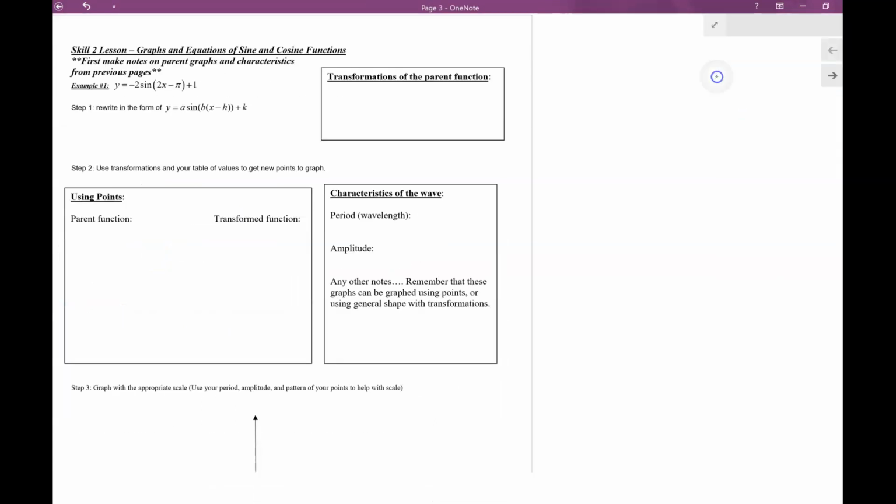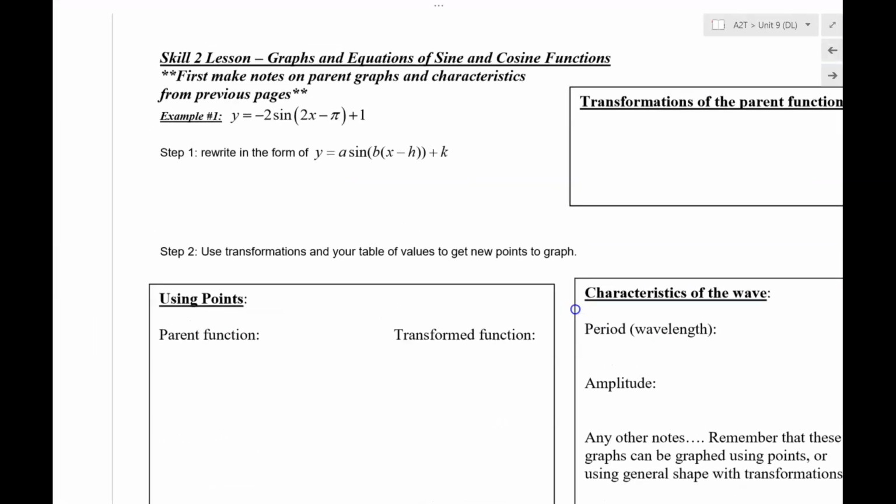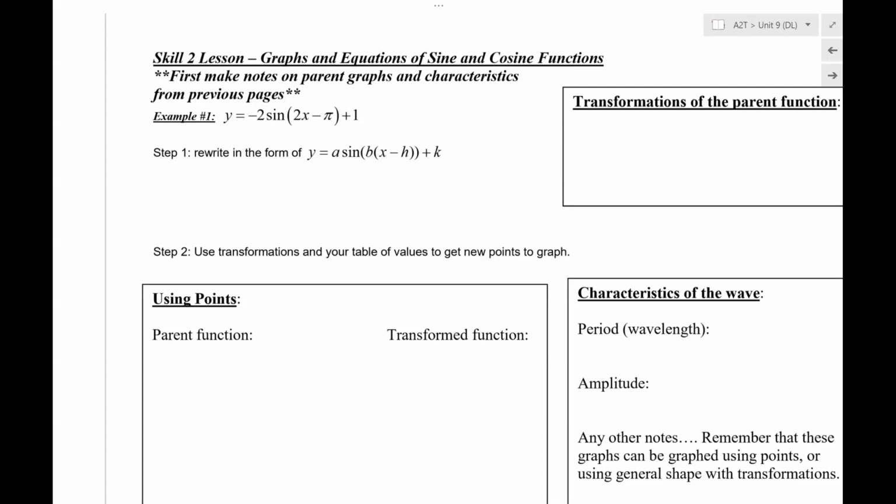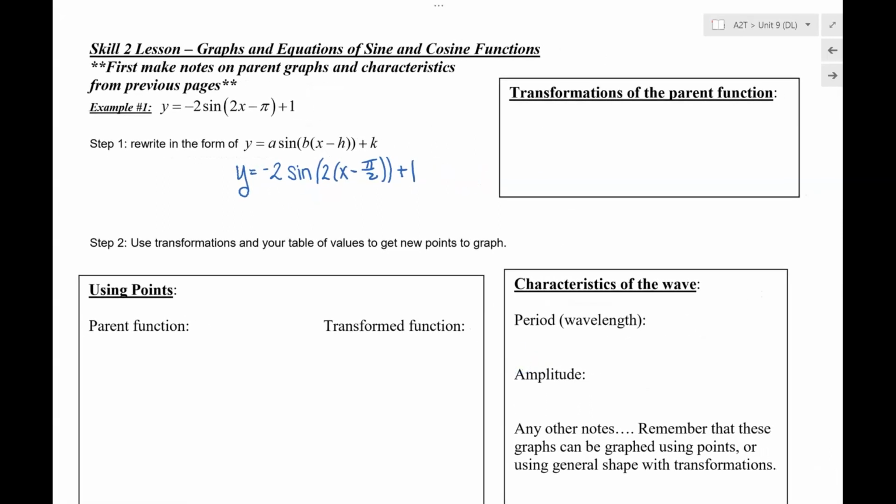Okay, so page 3 with me, please. Make sure that you always factor out the b value if it exists. So for our example number 1, we have -2 sine, factor out the 2, x minus pi over 2, plus 1. What are the transformations? Well, there is a -2 in front of sine. So that means that we have a vertical reflection.